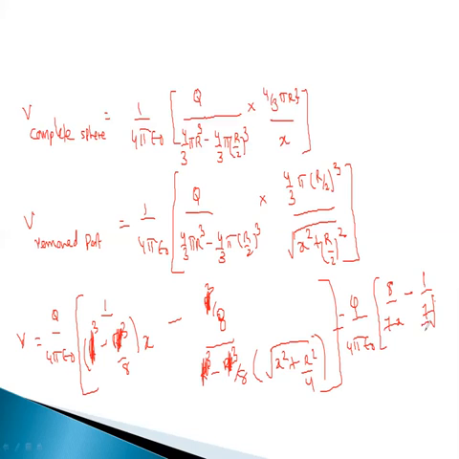Taking the root of 4, it will be 7 by 2 into root over 4x square plus R square. So you can rewrite this equation according to the given options. So this is the final answer.